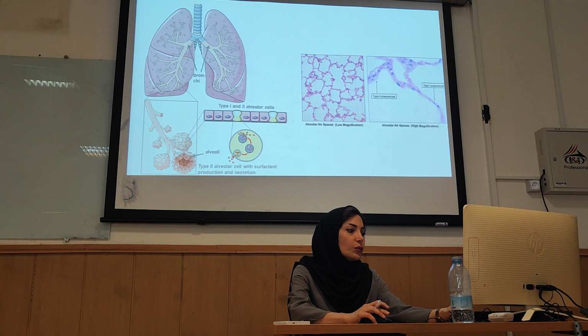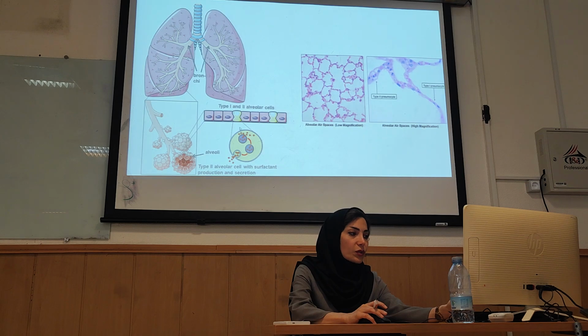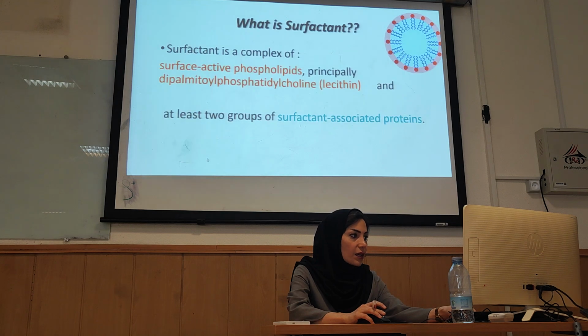Pneumocyte type 2 can produce, store, and secrete the surfactant. In this photo you see normal alveoli lined by pneumocytes type 2 and type 1. Type 2 produce, store, and release the surfactant.